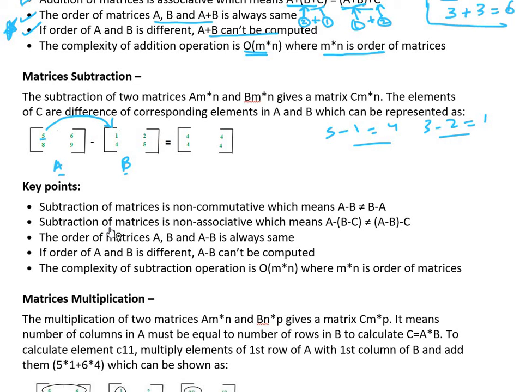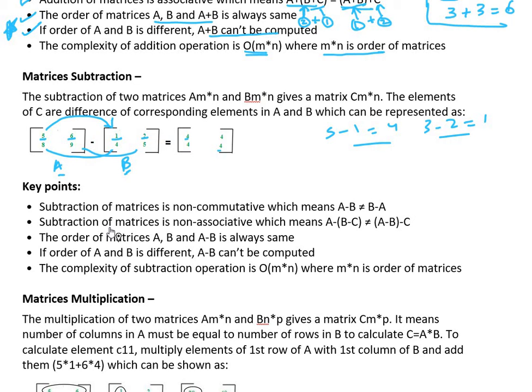The first element of the first row will subtract the first element of the first row. Similarly, the second element of the first row will subtract the second element of the first row of B. So we are getting 5 minus 1 is 4, 6 minus 2 is 4, similarly 8 minus 4 is 4, 9 minus 5 is 4. So it's a very straightforward basic idea of matrix subtraction.